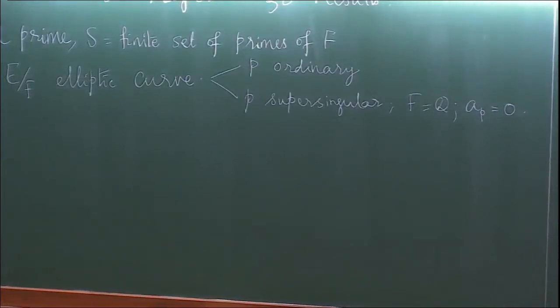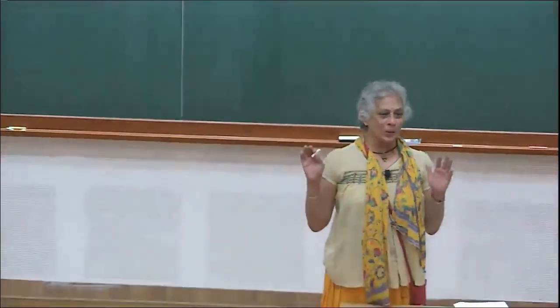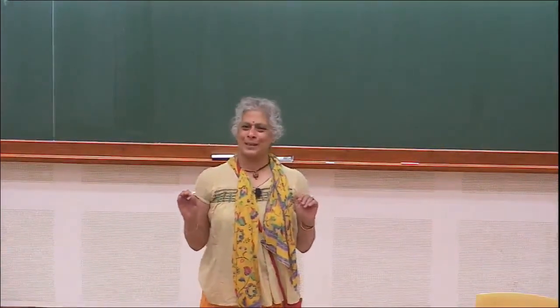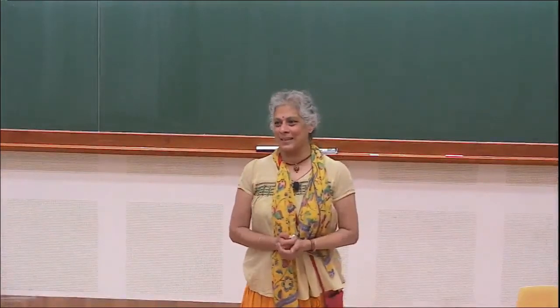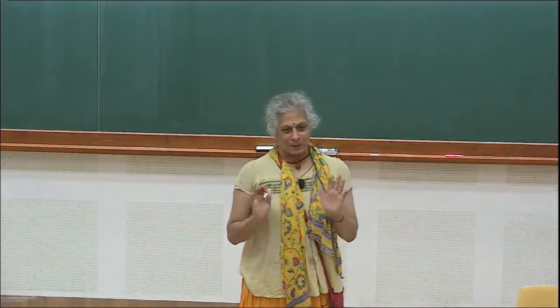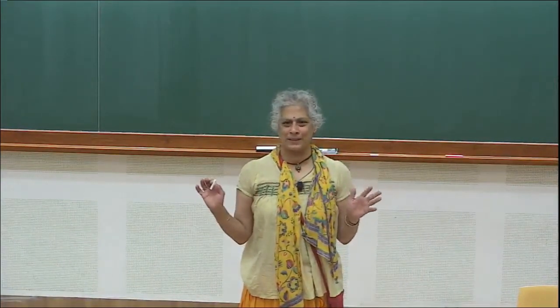This restriction is forced upon us because I'm going to be talking about the signed Selmer groups, and these have been defined only in these cases under this hypothesis. And to my shock and horror, when I tried to understand the behavior of elliptic curves at supersingular primes, I found that there are lots of these plus, minus, sharp, flat, and various other things.